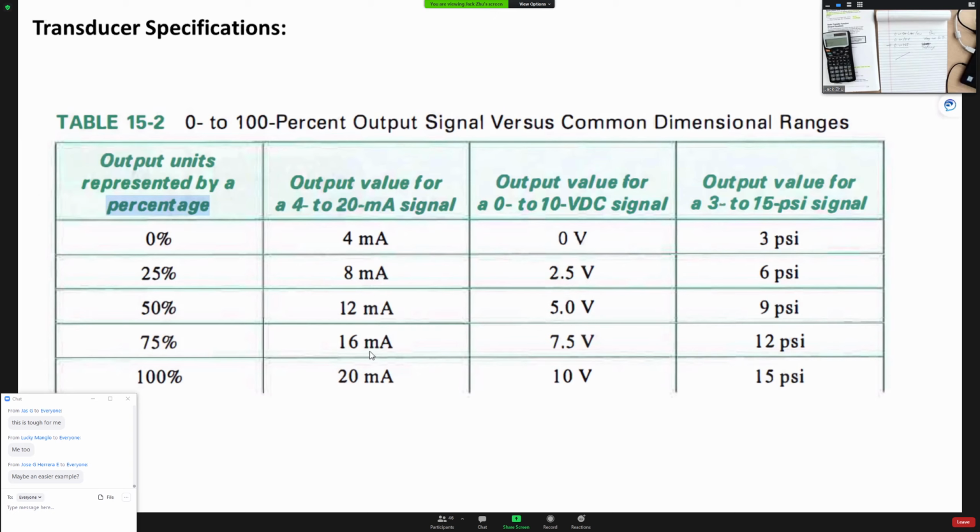So you should be able to use any of them to do the calculation. For here, at 50%, 20 subtract 4 is 16. 16 times 50% gives you 8. 8 plus 4 milliamp, which is the 0 value, gives you 12.